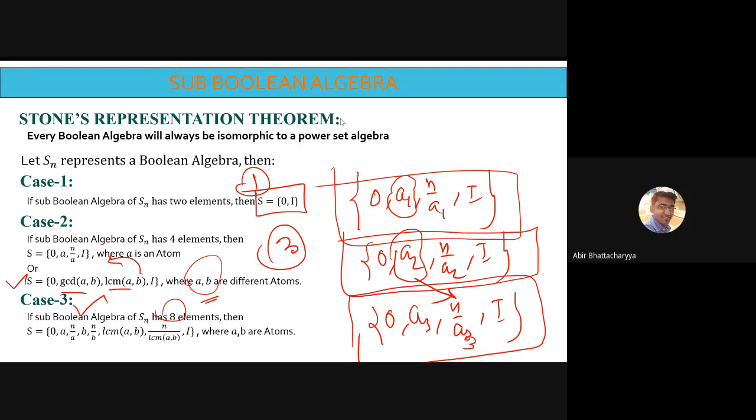what can we do here? If I want to find the sub-Booleans of 8 elements, it will be nothing but the Boolean algebra itself.